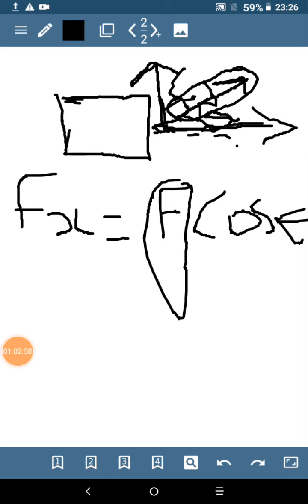So let's say someone is exerting a force of 20 newtons at an angle of 30 degrees. That magnitude, you will have to substitute there for F.